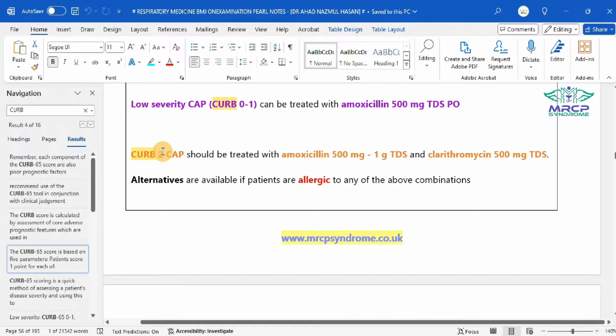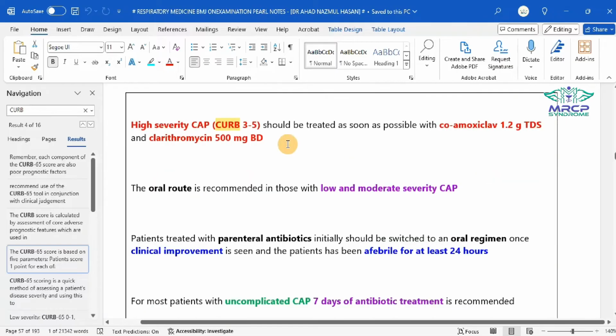When the score is 2, you can go for amoxicillin 500 milligram or 1 gram 3 times daily, plus clarithromycin 3 times daily. Alternative regimens are also available for penicillin allergic patients. And in case of high severity, meaning in this scenario the score is 3, and whenever the score is 3 to 5, you should go for IV co-amoxiclav 3 times daily, plus oral clarithromycin 500 milligram twice daily.